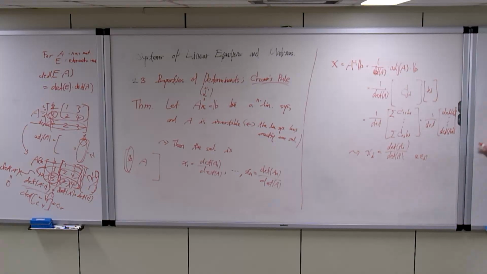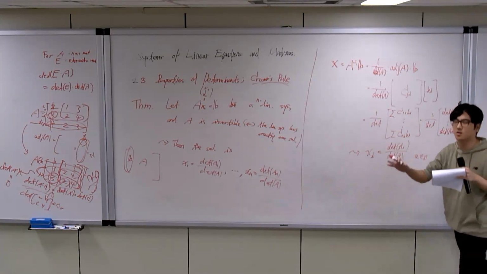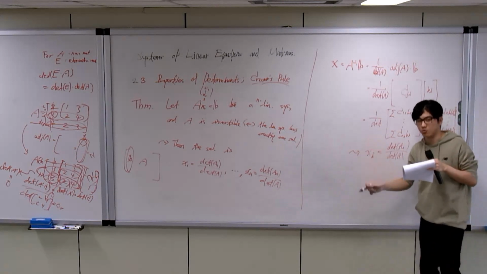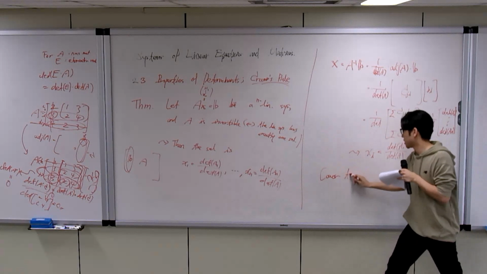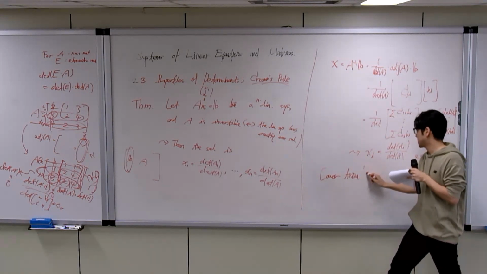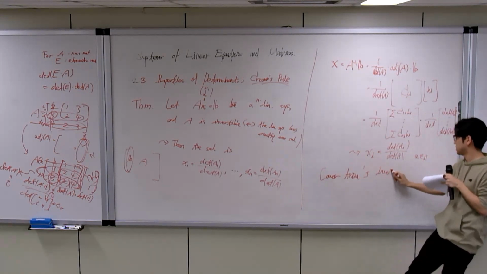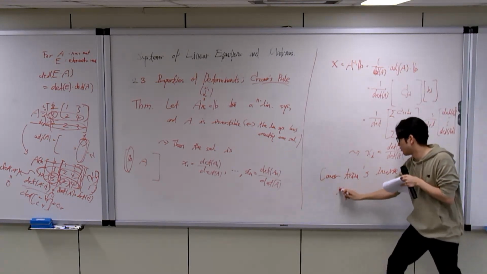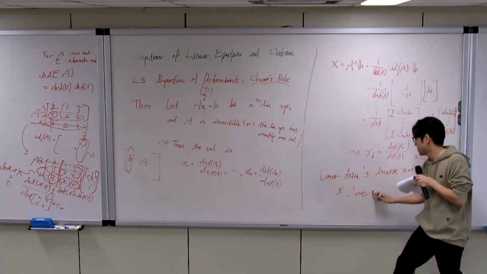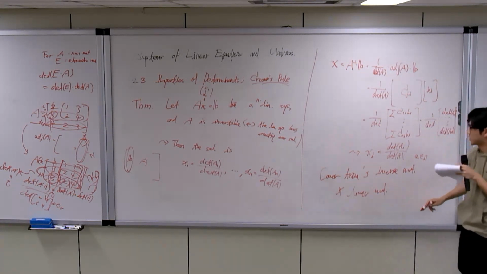That means the inverse of a lower triangular matrix is a lower triangular matrix.